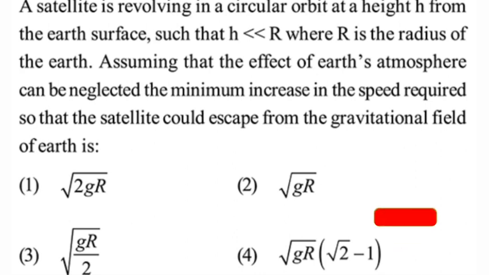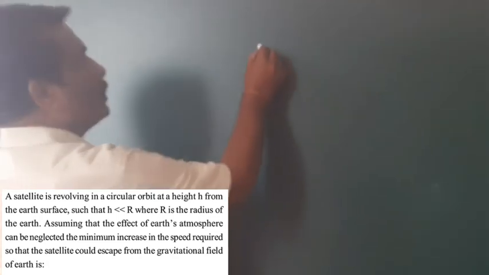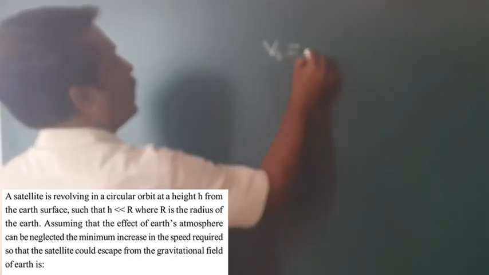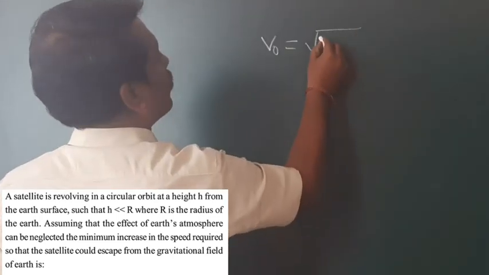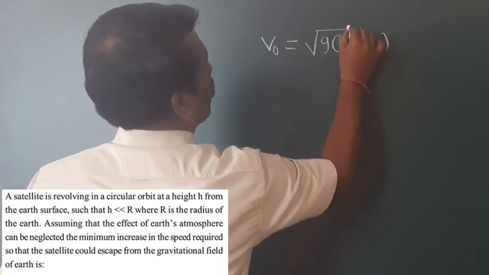Assuming that the effect of Earth's atmosphere can be neglected, the minimum increase in the speed required so that the satellite could escape from the gravitational field of the Earth is, the options are 1. square root of 2gR, 2. square root of gR, 3. square root of gR by 2 and 4. square root of gR into root 2 minus 1.